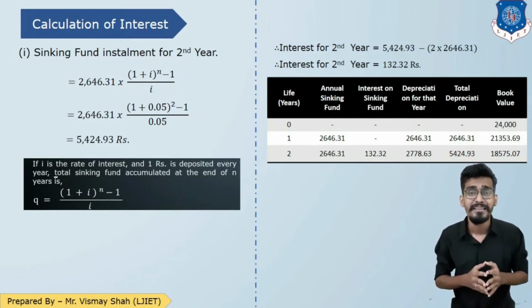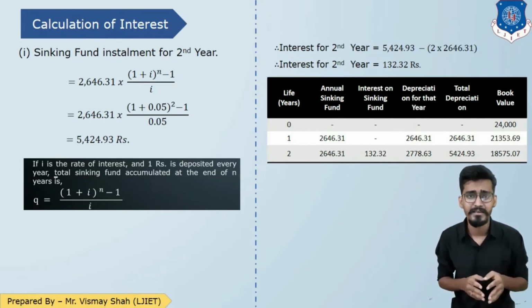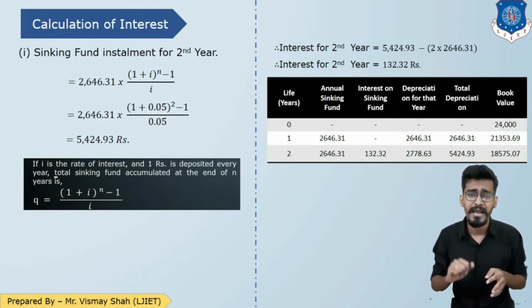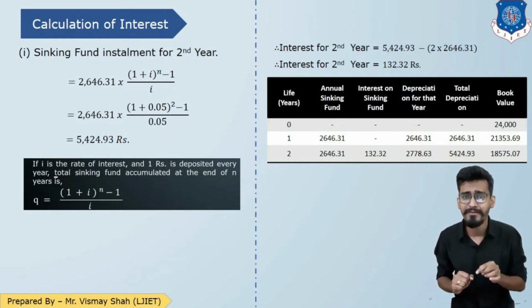Now to get the book value, I have already prepared a table. As you can see, at the 0th year there will be only the original cost. At the first year there will be only the sinking fund, so the book value will be C minus A. Now in the second year, again you will have an annual sinking fund. You have interest 132 rupees. So the total depreciation will be 2,777 rupees something.